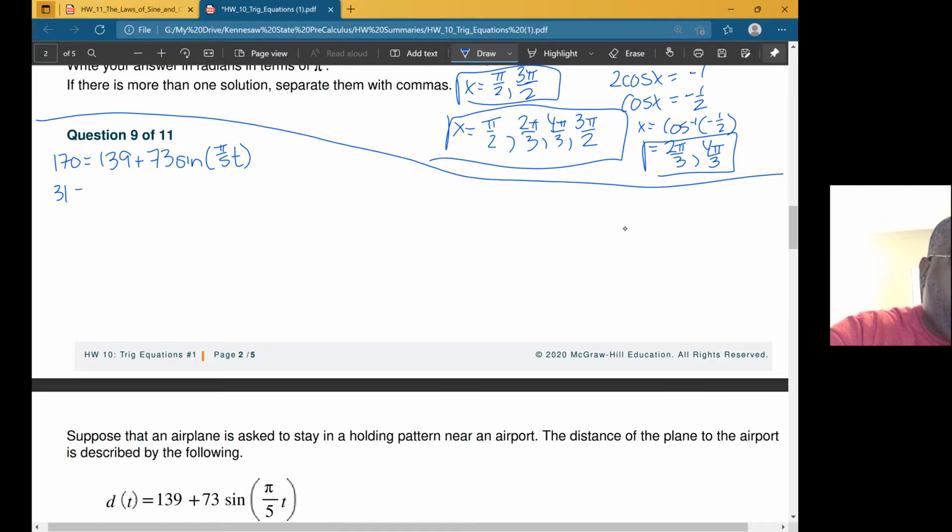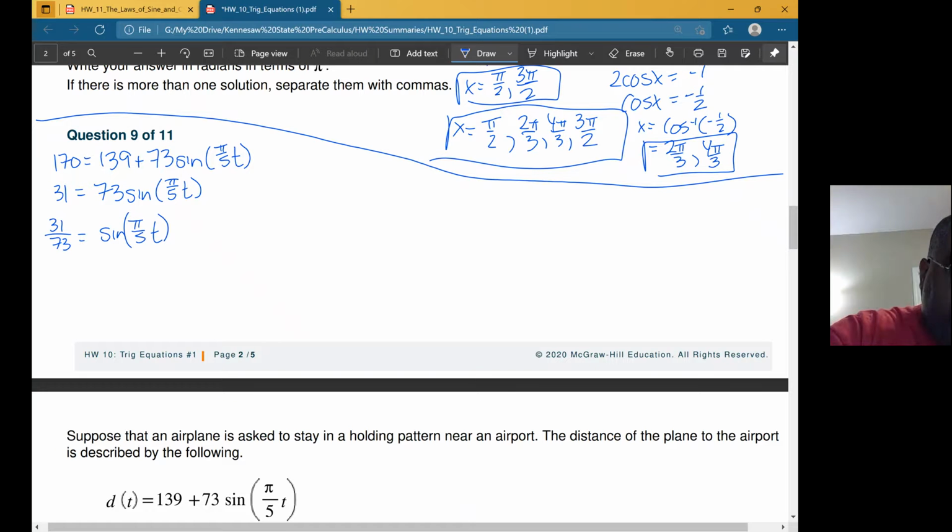So 31 is equal to 73 sine of pi over 5t. Divide both sides. 31 over 73 is equal to the sine of pi over 5t.